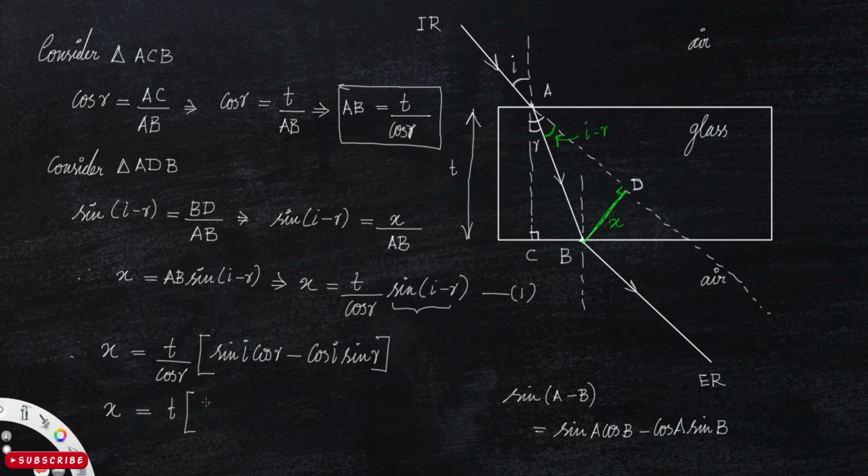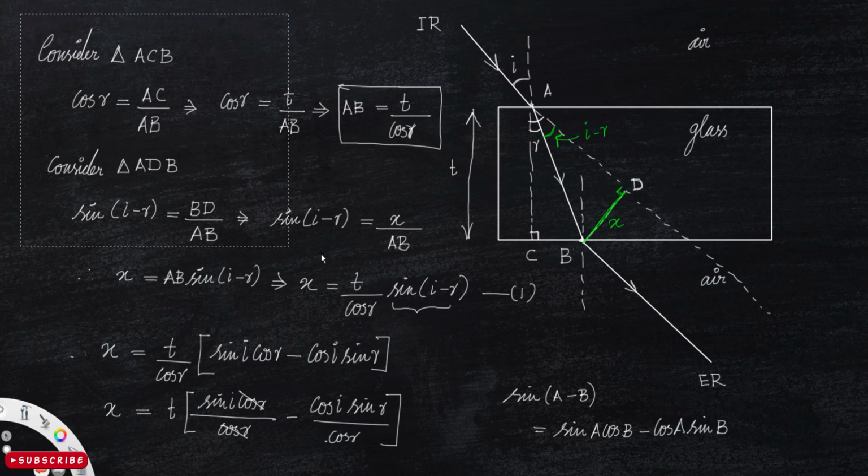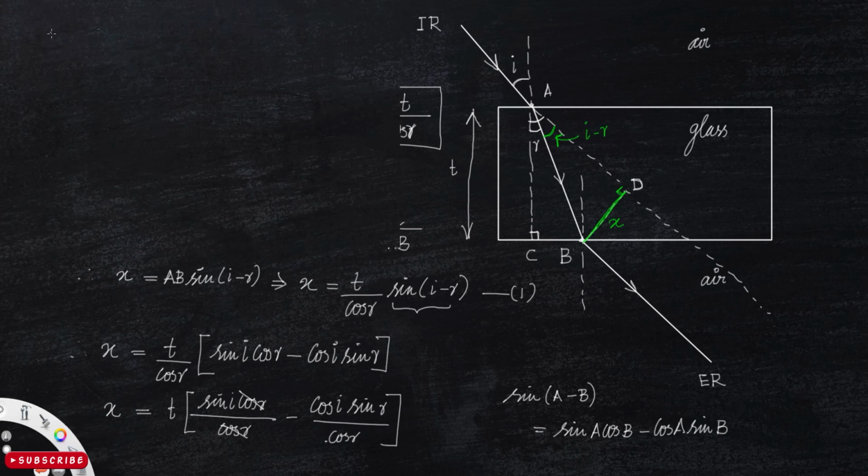So T times sine I cos R divided by cos R minus cos I sine R divided by cos R. You can cancel this cos R. So the final expression will be x is equal to T into sine I minus cos I sine R divided by cos R. Call this equation number 2.